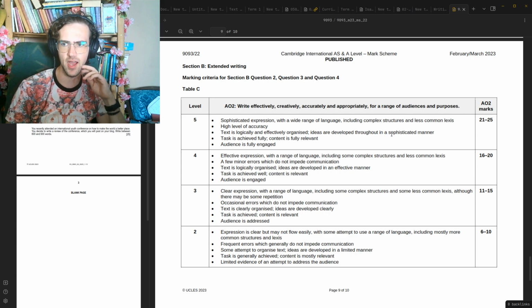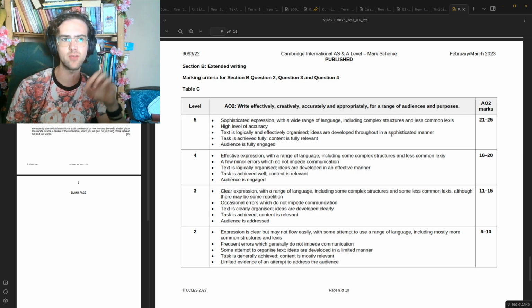Then we've got a high level of accuracy, which I explained. So even here, your spelling is looked at. If you misspell something, it is looked at here. If you are phrasing something in a way that is weird, you lose marks for your accuracy.